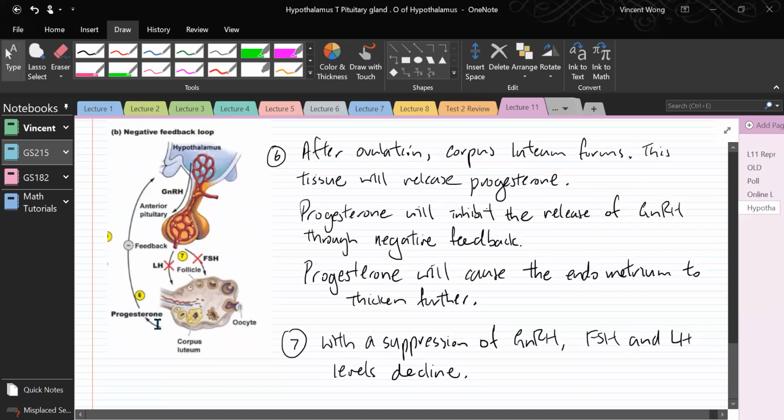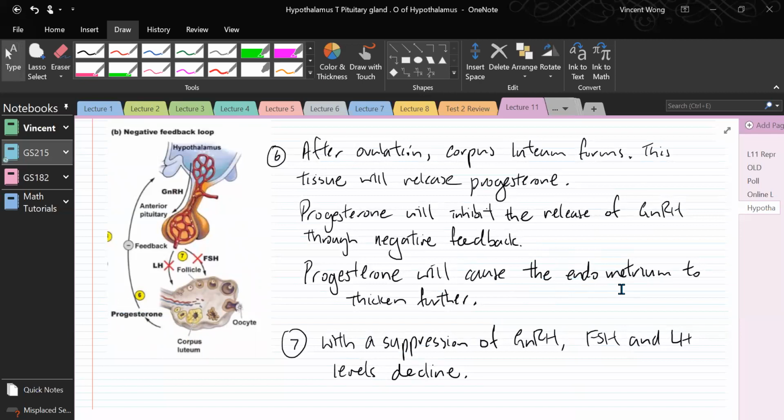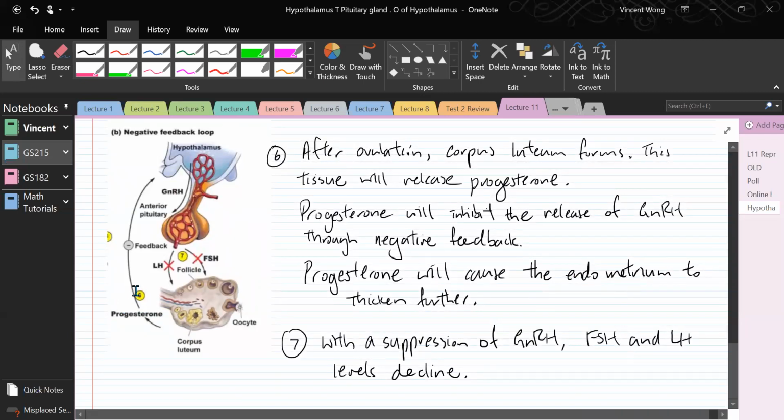And as soon as the progesterone level drops, then no more hormones will be supporting the endometrium. So all those new blood vessels that were formed during this cycle will now be shed. Okay, so that causes the menses to take place, right? Okay, and that marks the beginning of the next cycle.